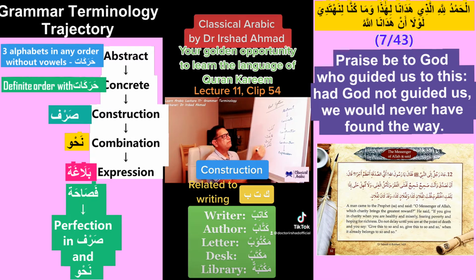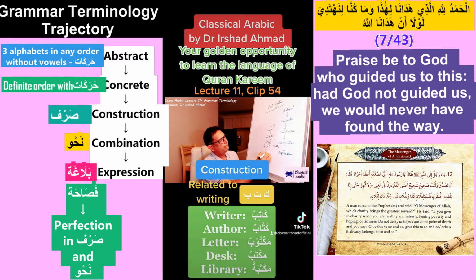Maktubun is something which has been written. So quite often this is used for a letter, for example. A letter is something which is written. The action of writing takes place on the maktub.